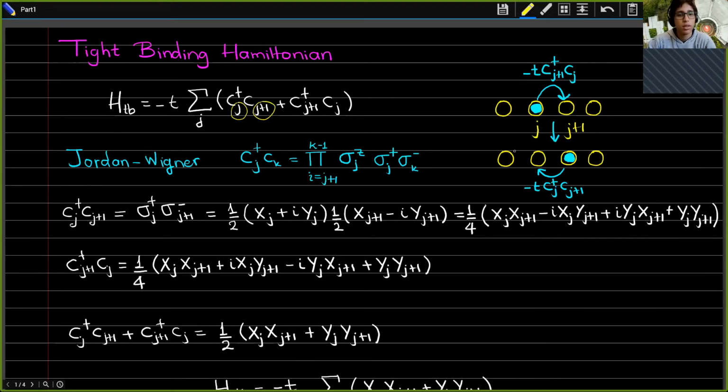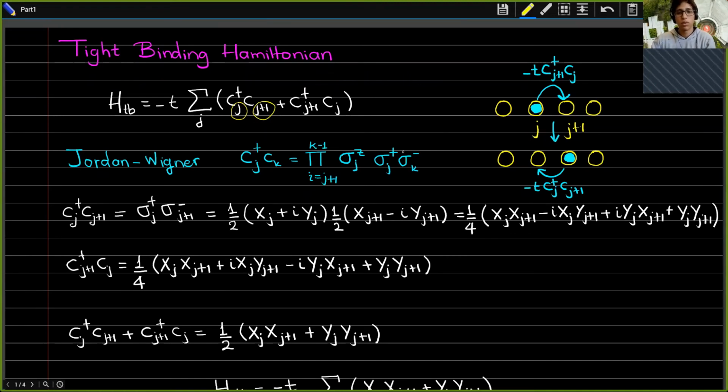So this Hamiltonian is in the language of second quantization because we have fermionic operators, but we can map it, and we need to map it, to qubits using the Jordan-Wigner transformation. If we have an annihilation operator and a creation operator being multiplied, the transformation is straightforward.